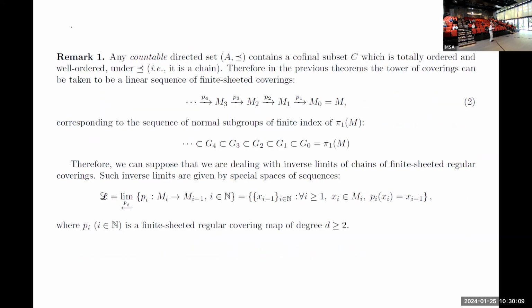Now, as I told you, you take the direct set of all coverings, but there's a particular uncountable directed set for things changing as a combined update. So if you have a tower which is complicated like a tree with coverings going down, you might take a chain of coverings.